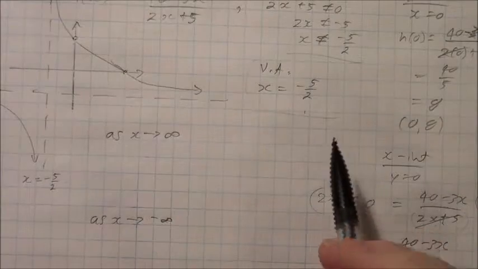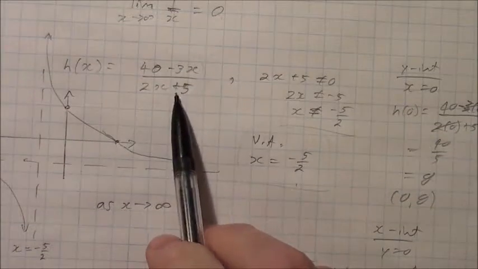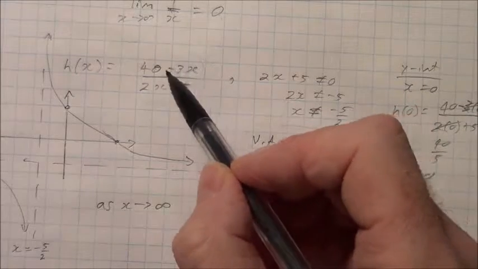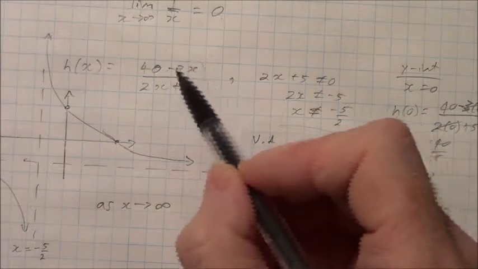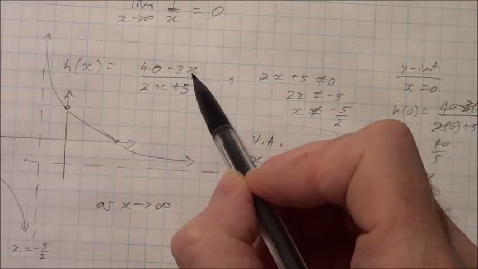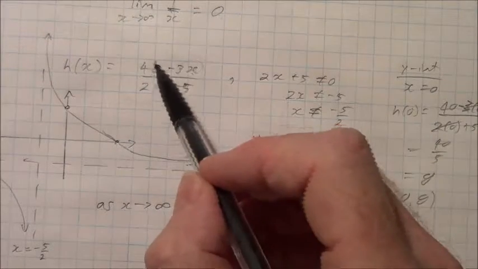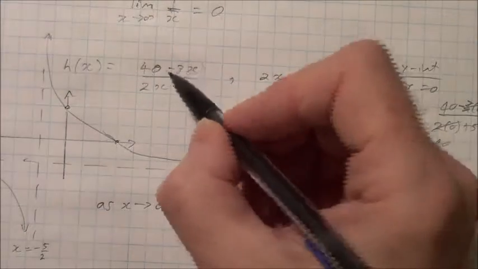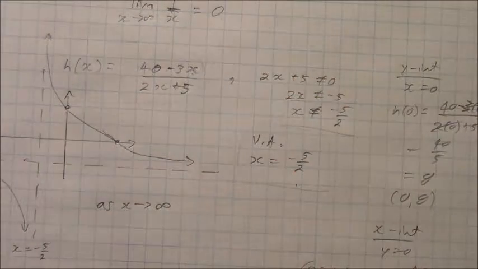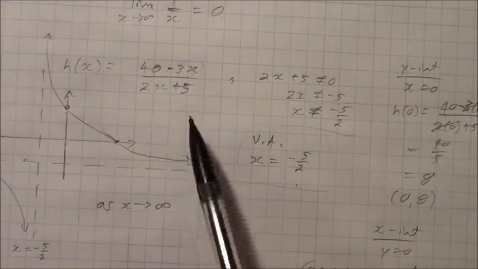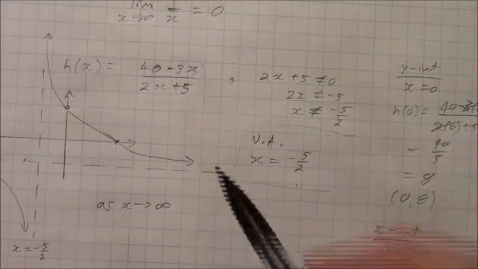So now if I look at this function, if x gets very, very large, this -3 times this very, very large number is going to be way bigger than 40. So big, in fact, I can even just ignore the 40. It's the kind of rich man's rule for finding horizontal asymptotes.